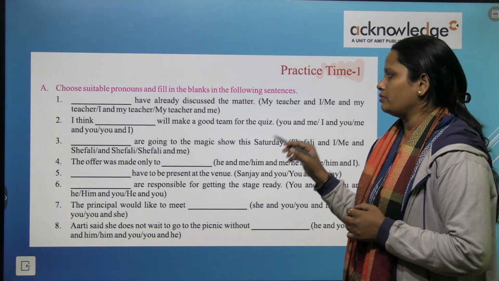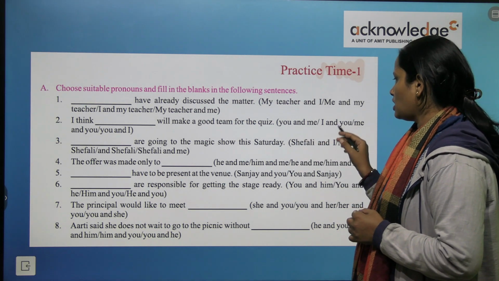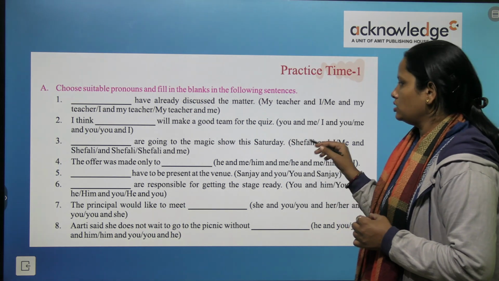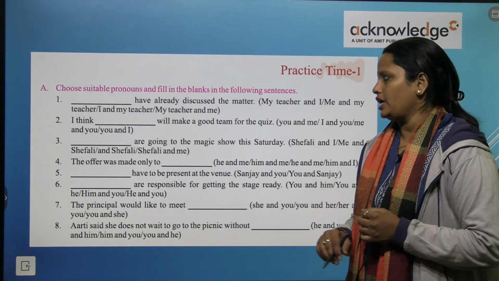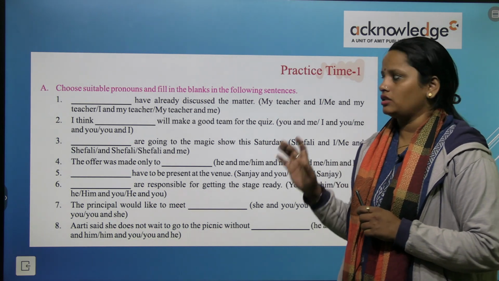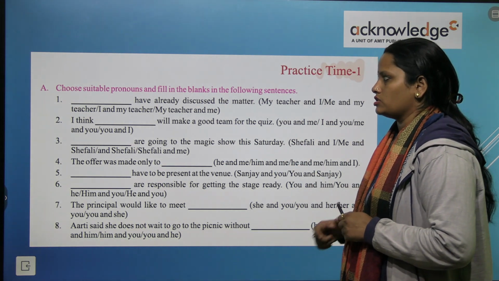I think dash will make a good team for the quiz. So you and me, I and you, me and you and I. So here we use: I think you and I will make a good team for the quiz. So children, like we have done the 2 questions here, you have to complete the rest of the questions.